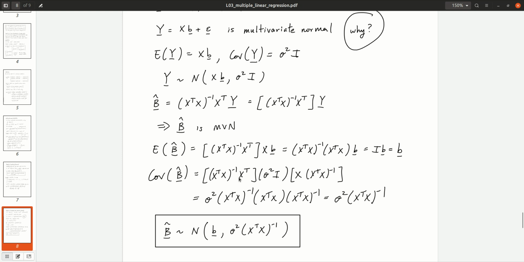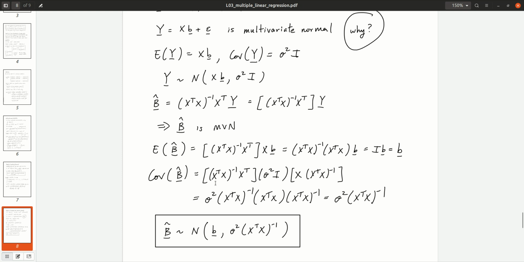So it's going to be x transpose transpose, which is just x, and x transpose x inverse transpose. And we said before that this is a symmetric matrix, so its transpose is just itself. So we get x times x transpose x inverse. Now, let's pull the scalar out, and let's just multiply I by x, which is just x.